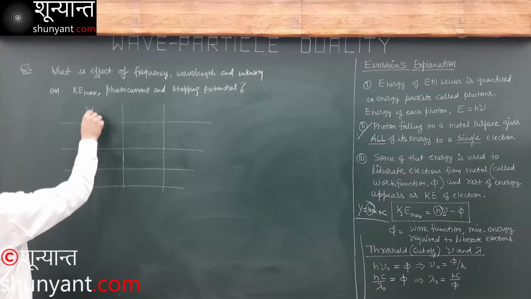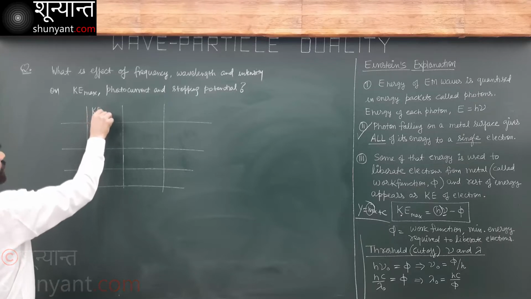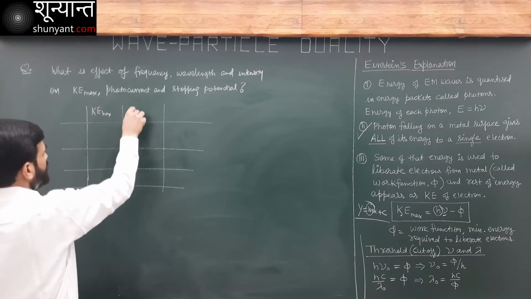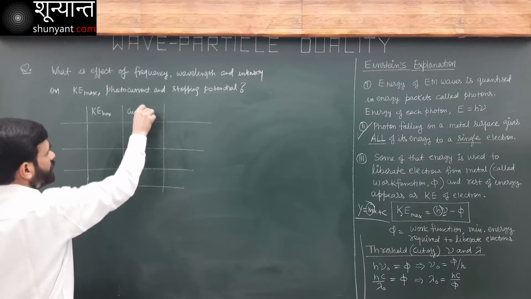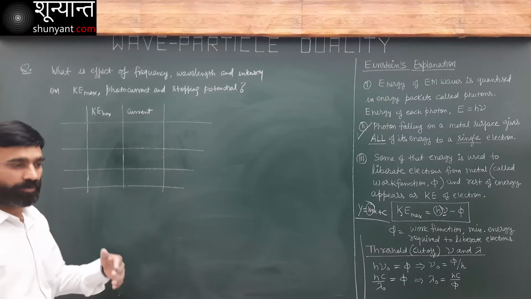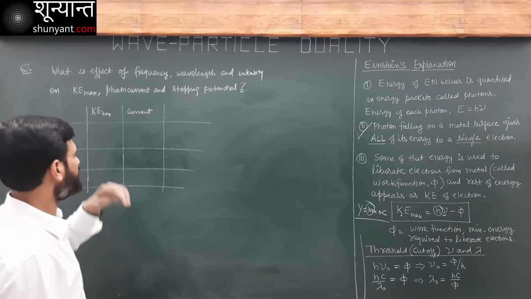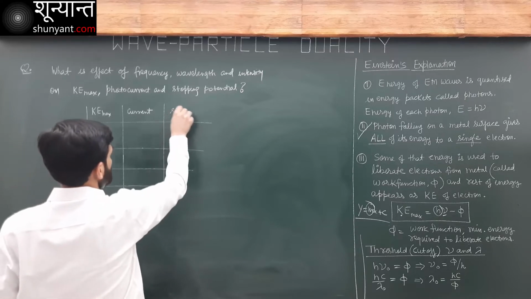I have this kinetic energy maximum, current, that means photocurrent. The current because of photoelectric effect is known as photocurrent, and stopping potential.